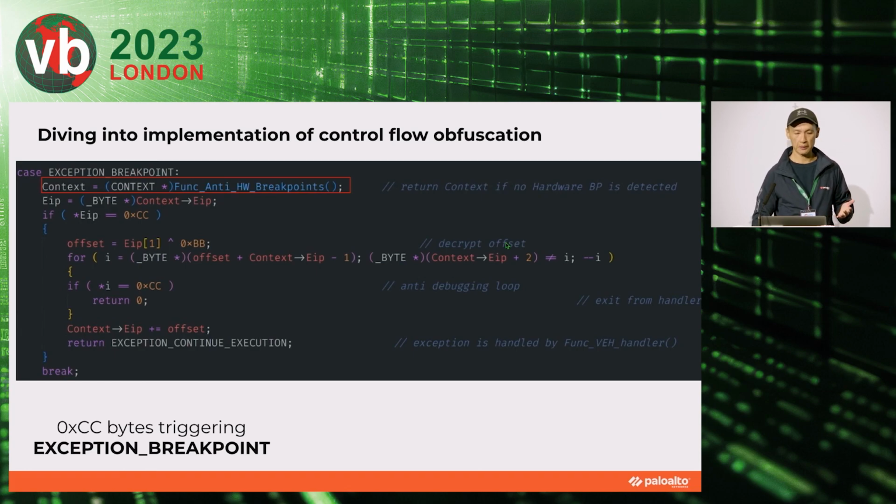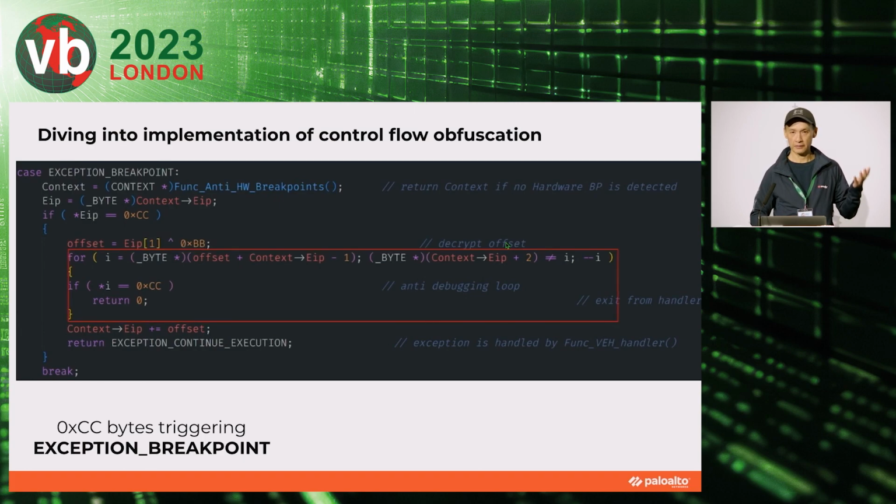If there is no hardware breakpoint, they'll continue to the next step, which is to read the byte right after the CC byte, which is actually the encrypted offset value. This offset value is the number of junk bytes appended after the CC byte, and they decode it using a single byte key.